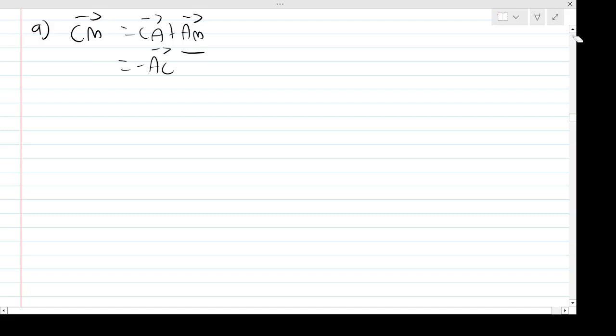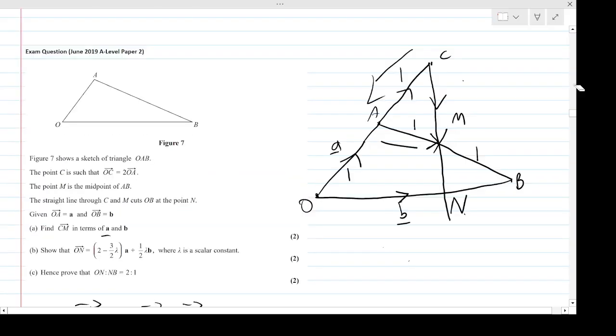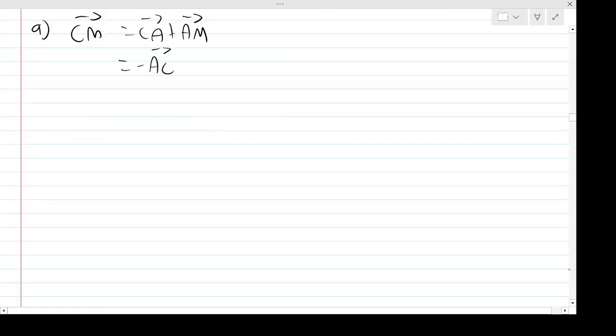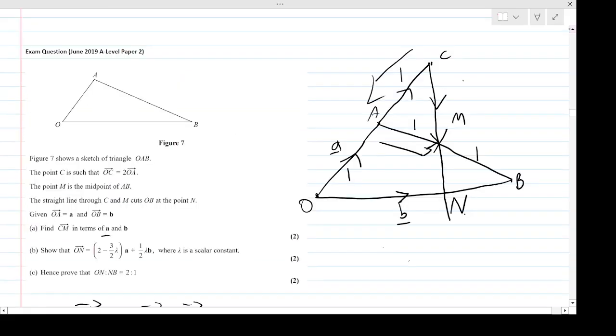And then for A to M, M is the midpoint of AB, so I can say that A to M is a half of AB. Well, A to C then, I don't know what AC is directly.